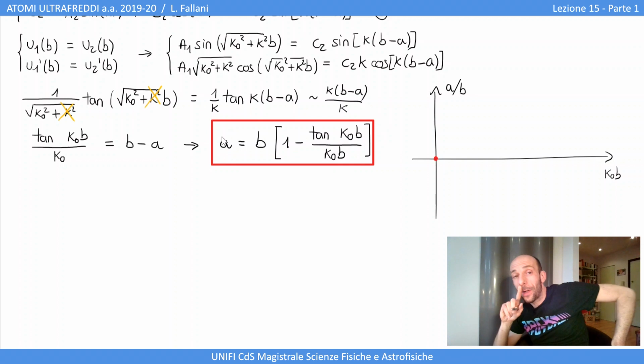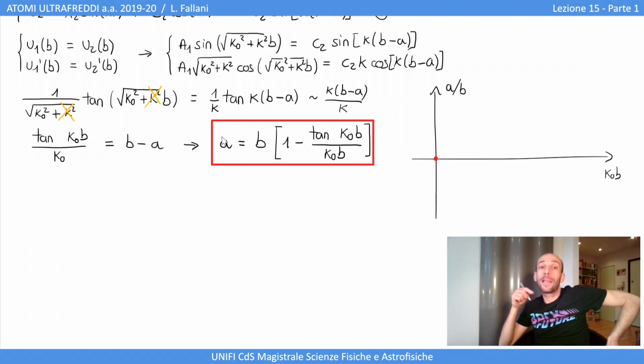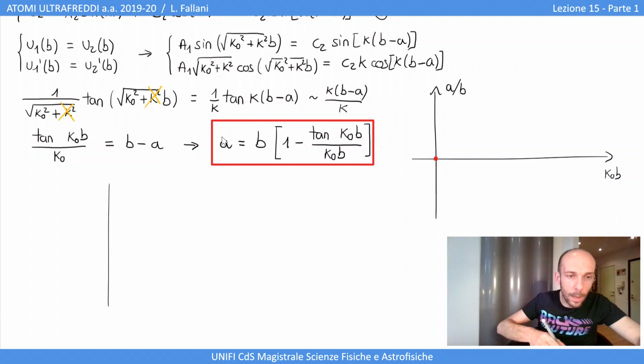Then this expression goes down, and this comes from the fact that the tangent grows faster than its argument. So remember what is the plot of a tangent function. Tan of x has a behavior like this.